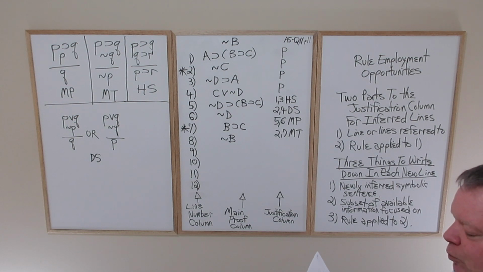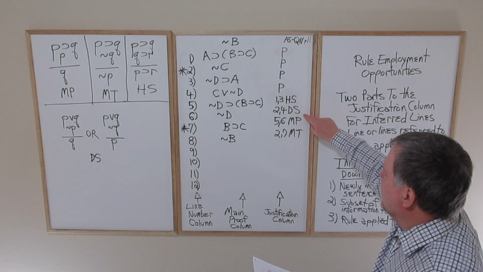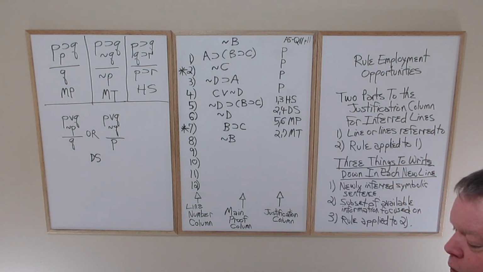Just to remind ourselves, your goal, this is stage 4, is to derive the conclusion you are asked to derive by constructing a series of individual rule applications. So in the first 2 proofs we considered, the series of individual rule applications consisted of 3 applications. In this particular proof, it's a series of 4 individual rule applications.